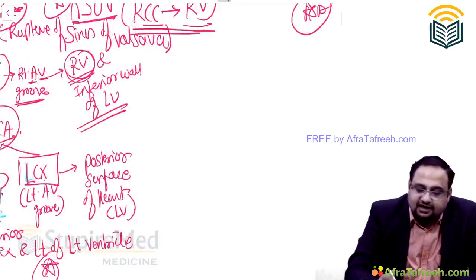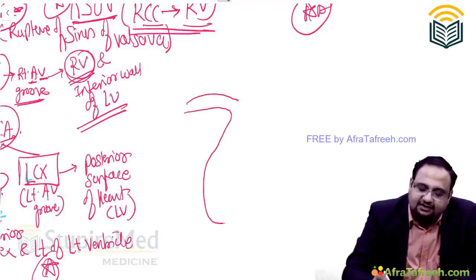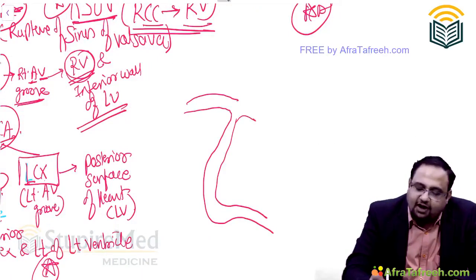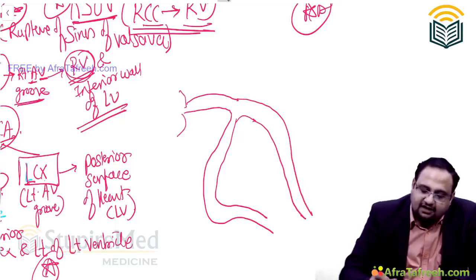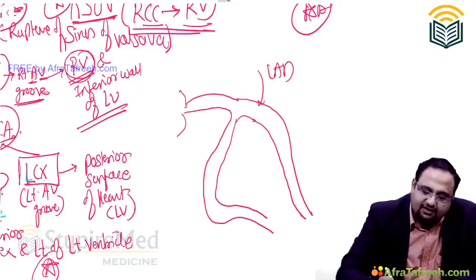So if you see, this is the left main coronary artery, which will divide into the circumflex artery this way, and again it will go as the left anterior descending artery here in this way. This left anterior descending artery is a very important artery, and this supplies the major part. This is the left circumflex artery.